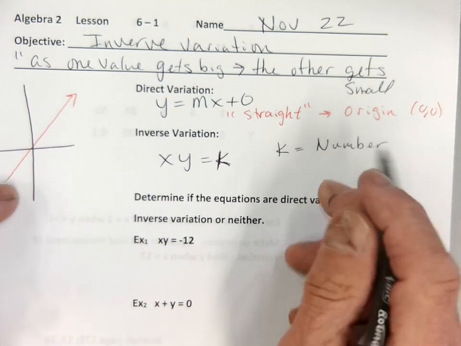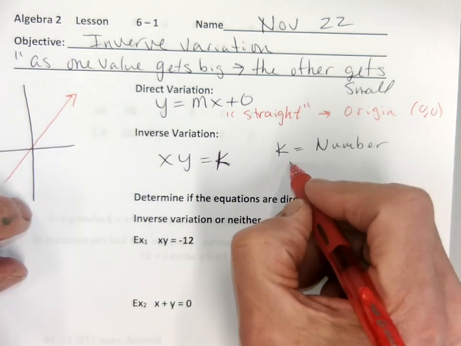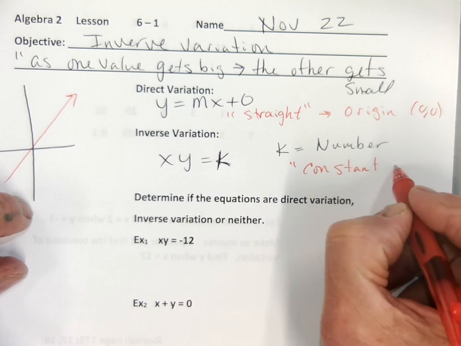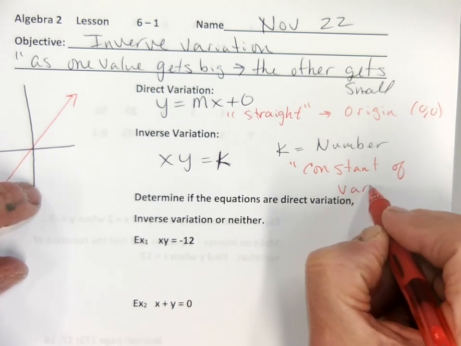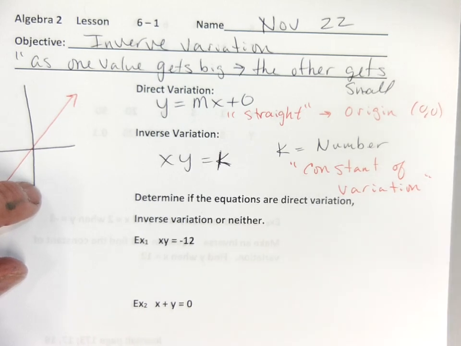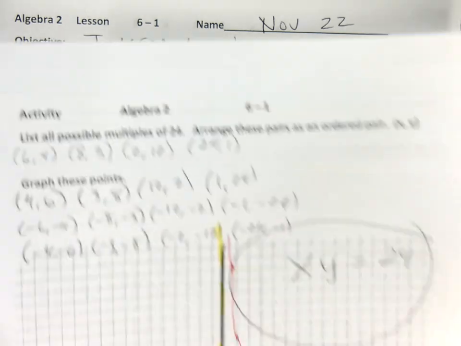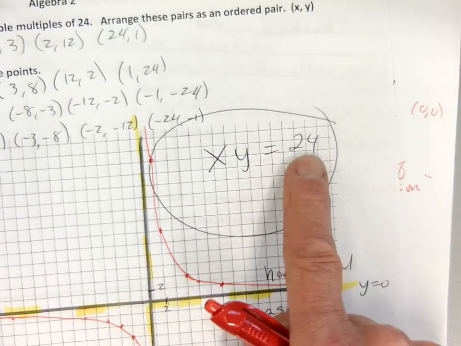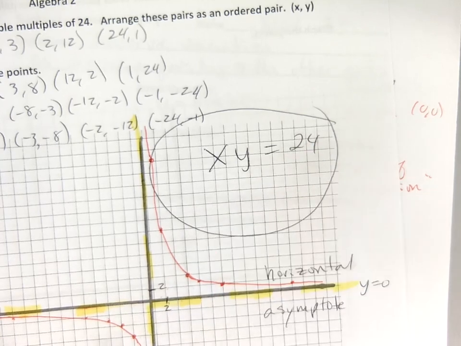The book likes to call it the constant of variation. Fancy word, but who cares? We got notes, right? So in my example, 24 was the constant of variation. Does that make sense? 24 is the number, okay?